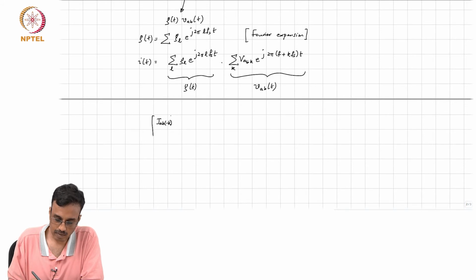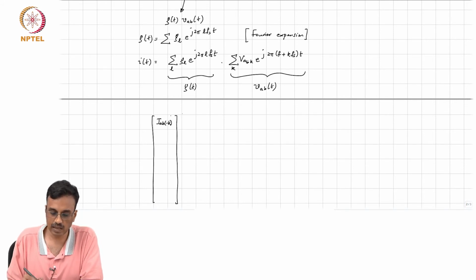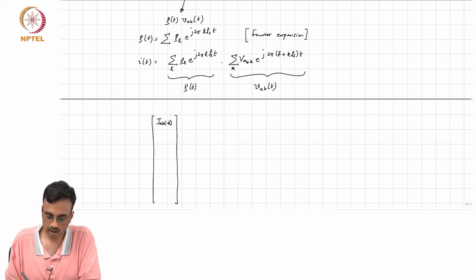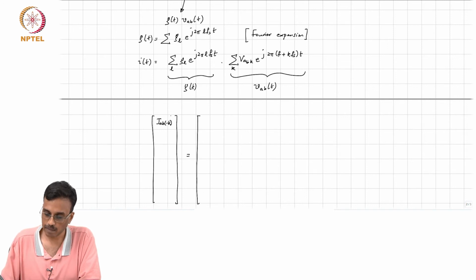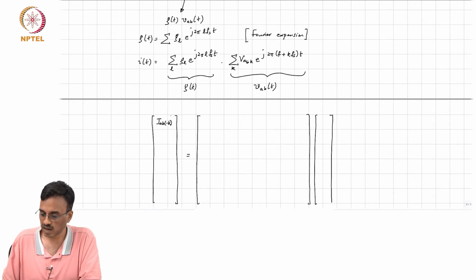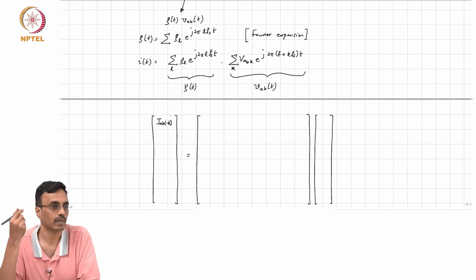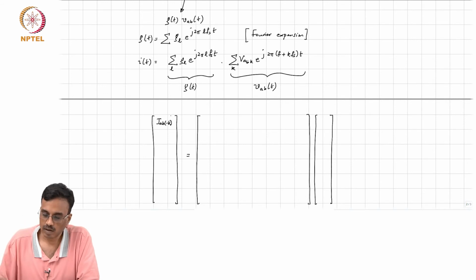Let us say we try to find the strength of the minus kth, capital Kth harmonic in the current phasor I. Clearly, it must be related to the strengths of the voltage phasors.